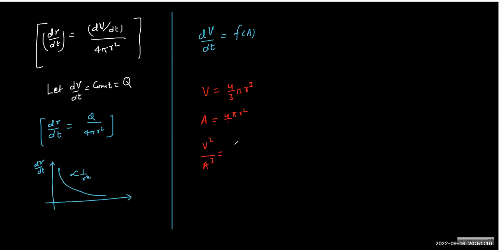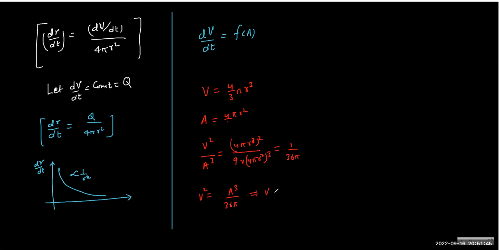If you square, what you get is 4 pi R cube whole square, and 3 threes are 9, and then 4 pi R square whole cube. So what we get here? R will get cancelled out, 4 pi and 4 pi. So 1 by 36 pi, and therefore V square is A cube by 36 pi.